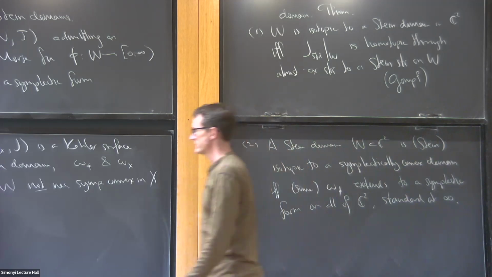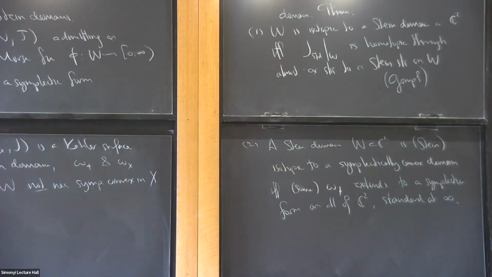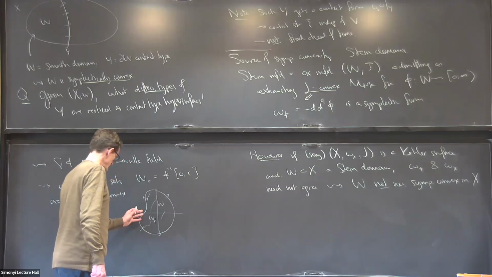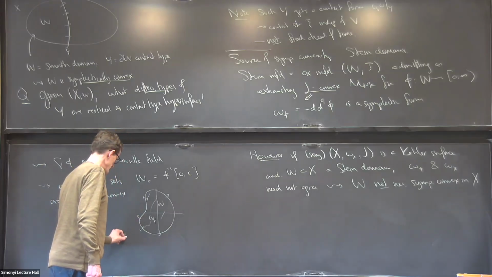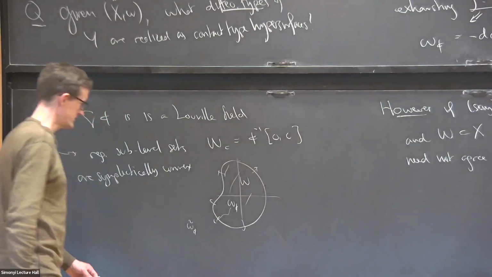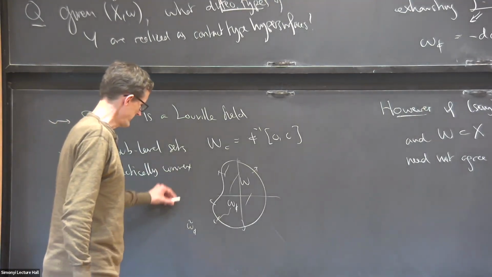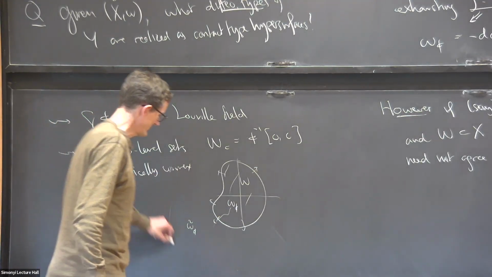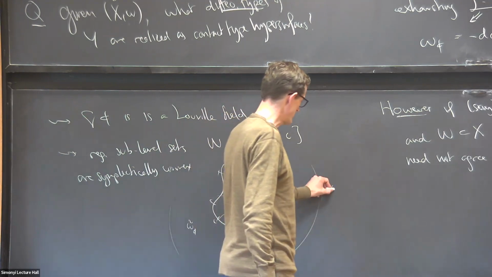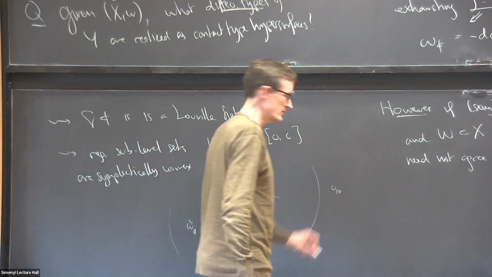Okay, so what that would tell you is that you've got this omega phi here, and then you extend it out. Maybe that two-form extends to the rest of C2 as some omega twiddle. Standard at infinity means outside some ball it actually agrees with the standard one.